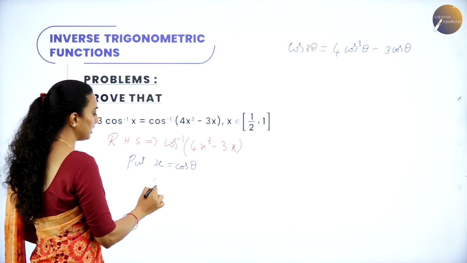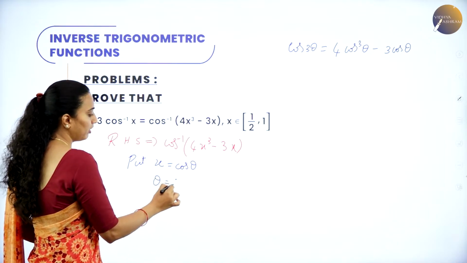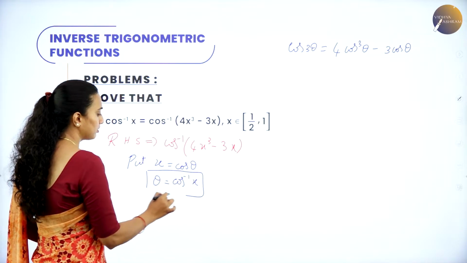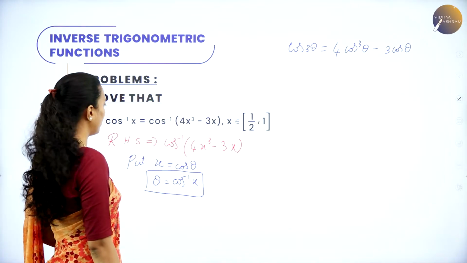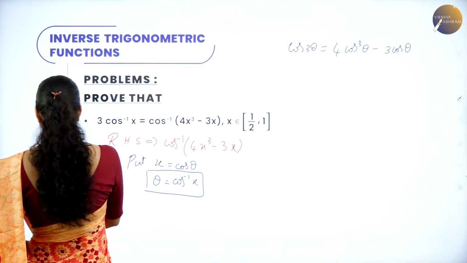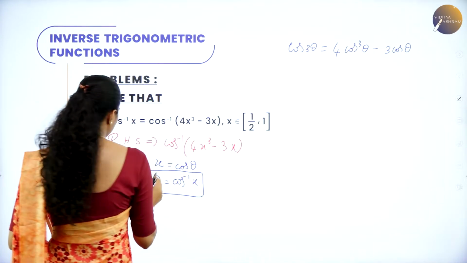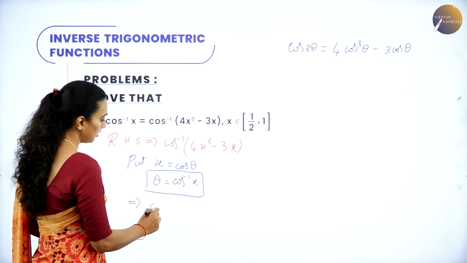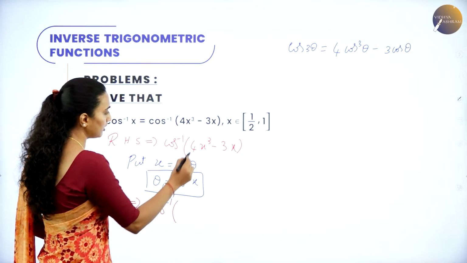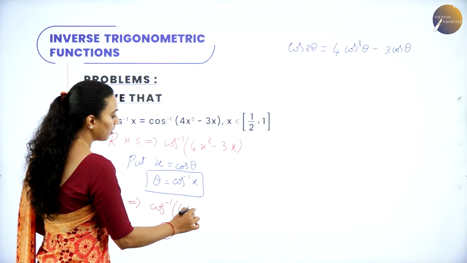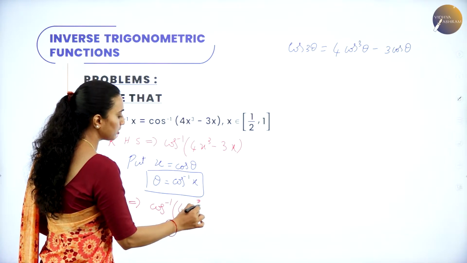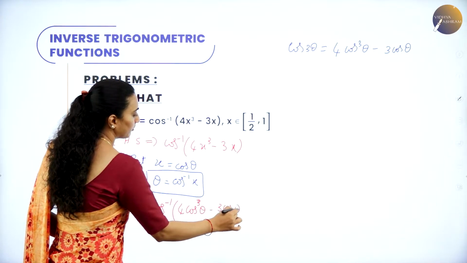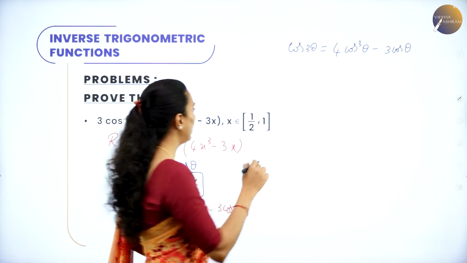Dear students, what is theta will be? Theta will be cos inverse x, isn't it? So, last I am going to use this one, right? So, therefore, you can have it as the right hand side, the substitution by x is equal to cos theta, which implies cos inverse of 4 cos theta whole cube is cos cube theta minus 3 cos theta. So, which will be, what is that?